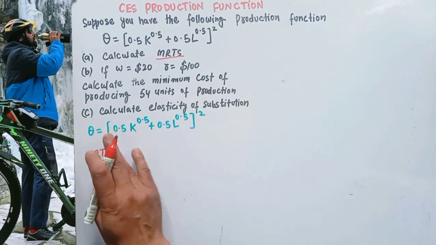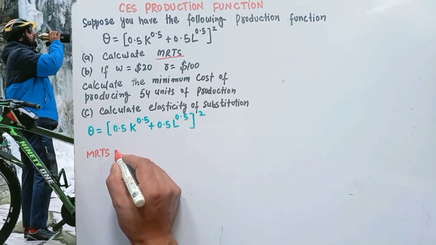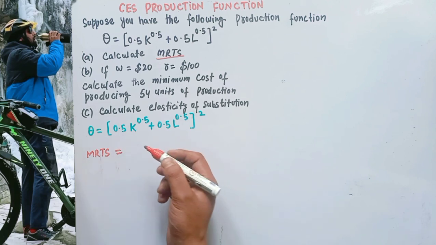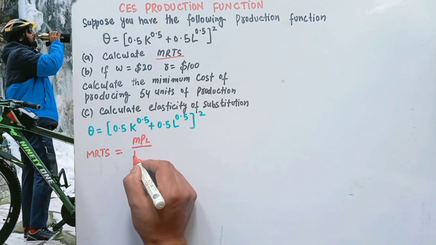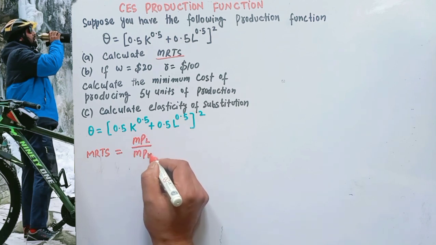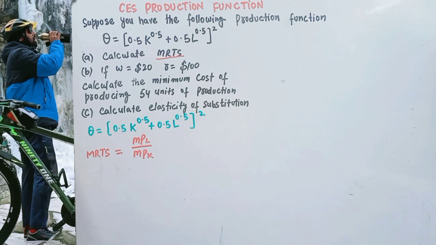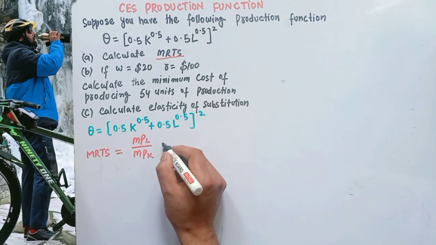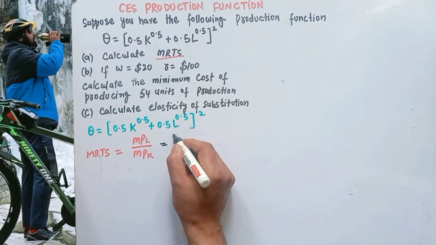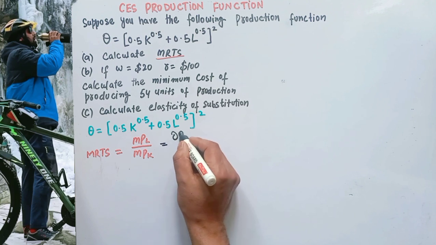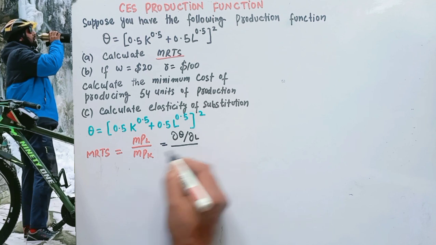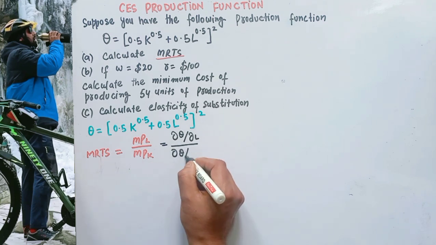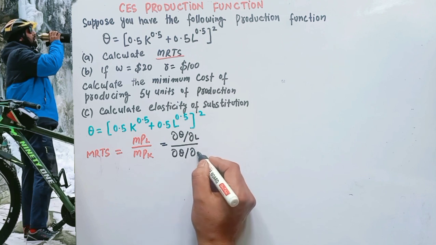Let's write it simply: the marginal rate of technical substitution between capital and labor is equal to the marginal product of labor upon marginal product of capital. So what is marginal product of labor? It is simply the derivative of the production function with respect to labor, divided by marginal product of capital, meaning the derivative of the production function with respect to capital.